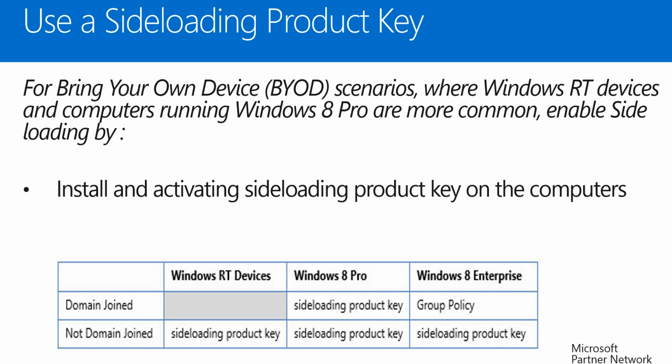You'll have to install and activate a sideloading product key, which you can get from volume licensing, and follow the process to sideload the application. As you can see in the table, for different types of devices, whether it's RT, Pro, or Enterprise, when the machine is not domain joined, you need to have a sideloading product key.